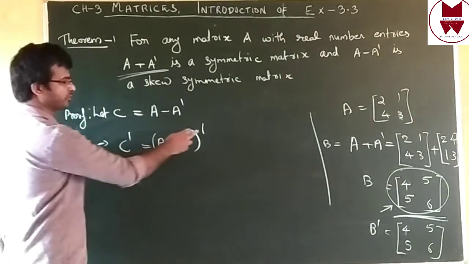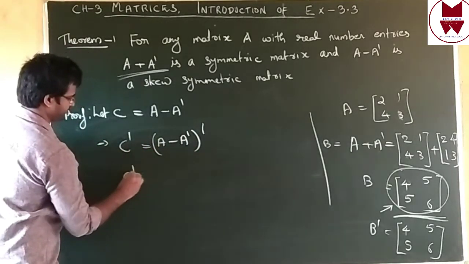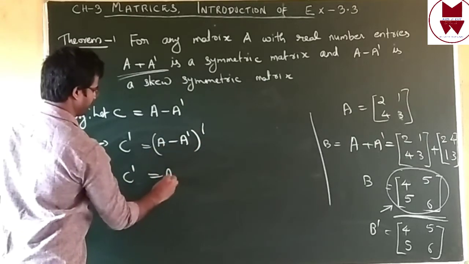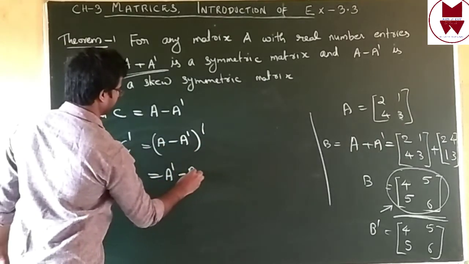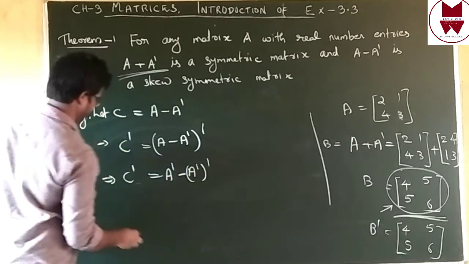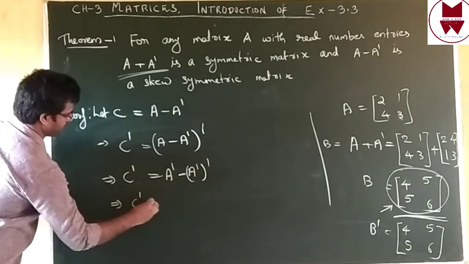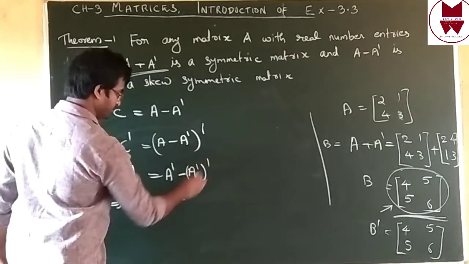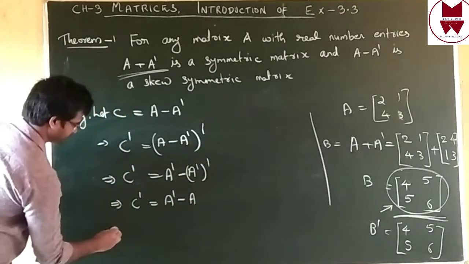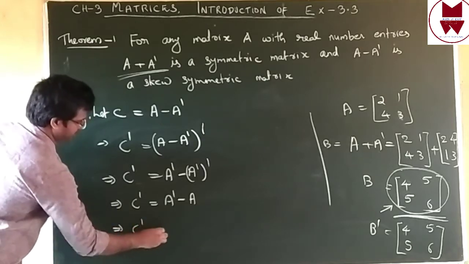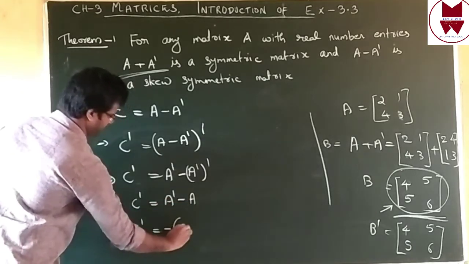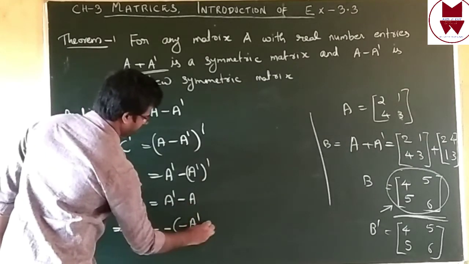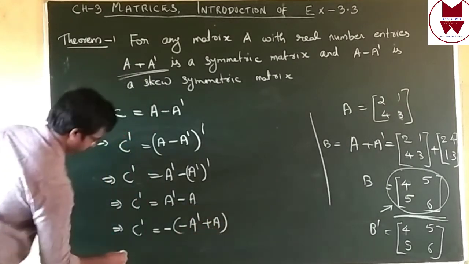Here transpose, and here also transpose. Then C dash equals A dash minus A transpose, all transpose. Taking transpose two times, we will get A. From here take minus outside. Minus, what will we get: minus A dash, and this will be plus A.